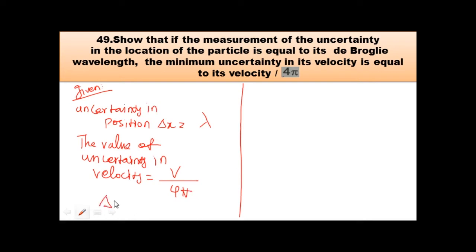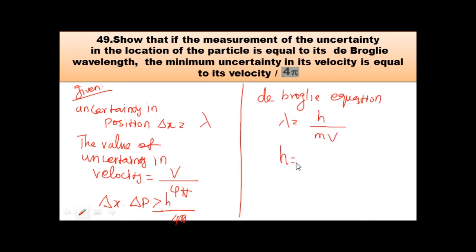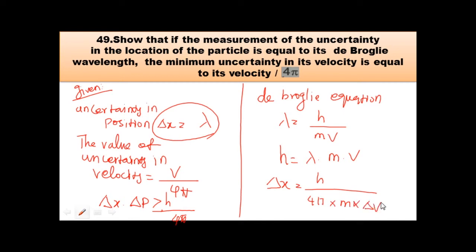So the formula: delta X multiplied with delta P is greater than or equal to h divided by 4 pi. The de Broglie equation: lambda equal to h divided by m into V. So h equal to lambda multiplied with m multiplied with V. So delta X equal to h divided by 4 pi m into delta V. So this is equation number 1, this is equation number 2, this is equation number 3, this is equation number 4.